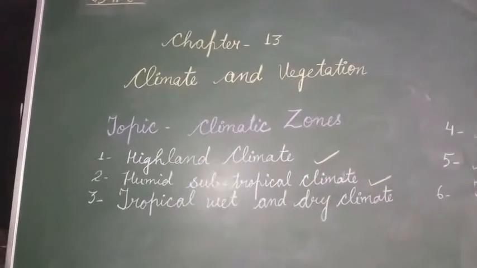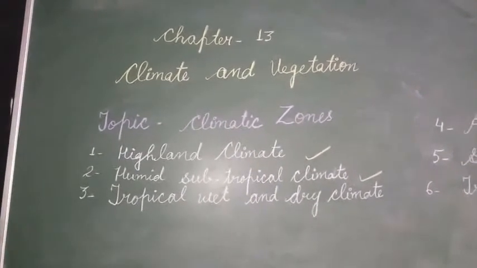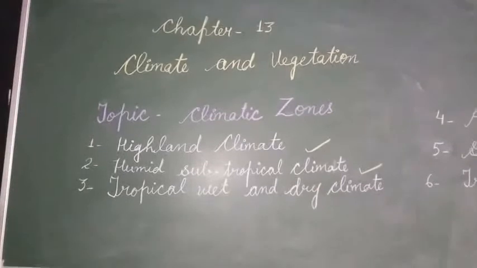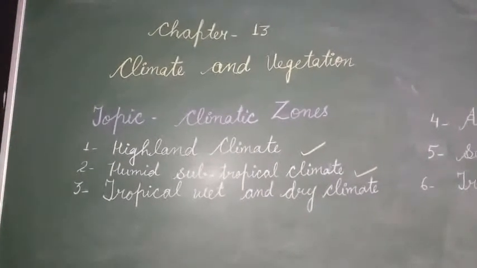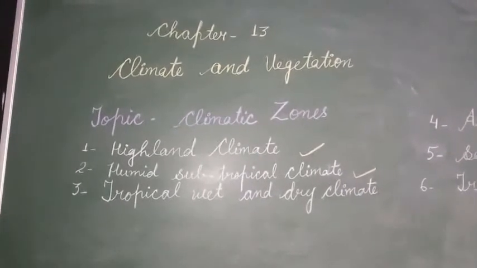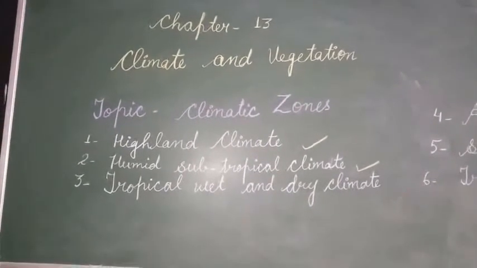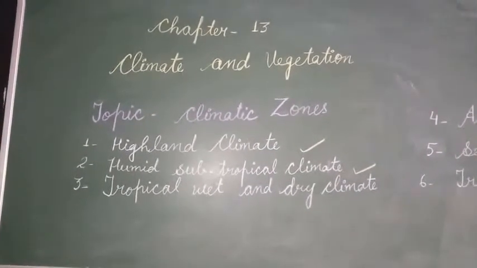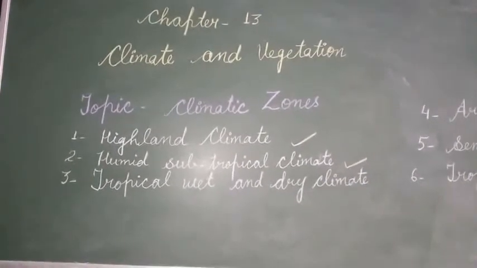Plains lying near the foothills of Himalayas. Foothills means low hills at the base of mountain. Okay, witness or experiences this kind of climate. Which climate? Humid subtropical climate. Humidity means the amount of water present in air.